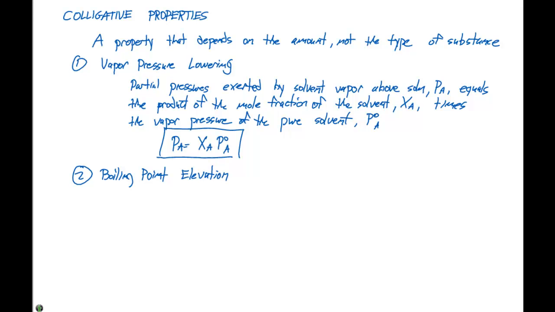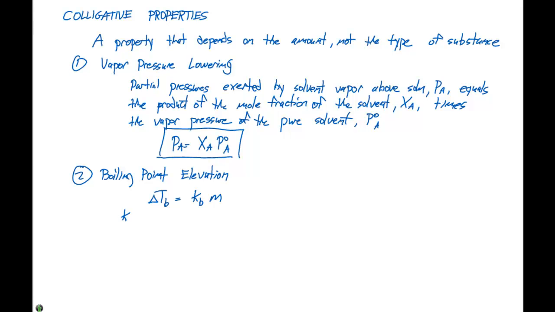But we can change the boiling point of a solution versus the boiling point of a pure liquid. So if we change what we dissolve in that water, we can change its boiling point. And the expression here is delta TB, or the change in temperature of the boiling point, is going to equal KB times the molality of the solution.